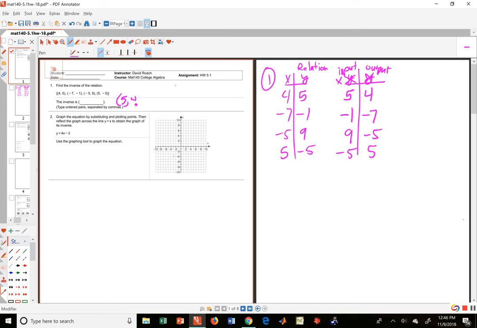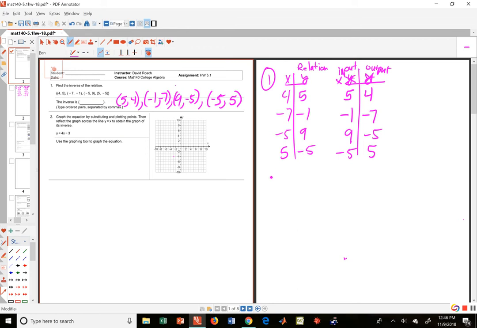So you go (5, 4), (-1, -7), (9, -5), (-5, 5), and that is the inverse relation. Now the inverse relation, or the inverse function, has a symmetric reflection about the line y equals x. You're going to see that in this next example.